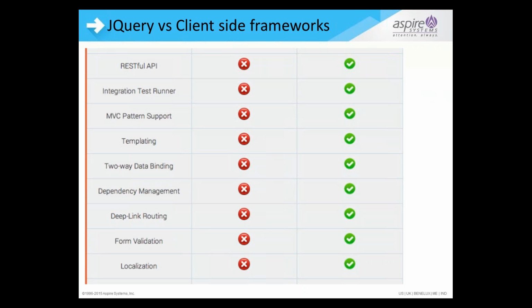I'll explain as much. The first advantage is RESTful API. Yes, with jQuery you can use Ajax, but if you want to use RESTful API completely with its actual meaning, without pushing all the code into an HTML page, you need to move to a client-side framework.